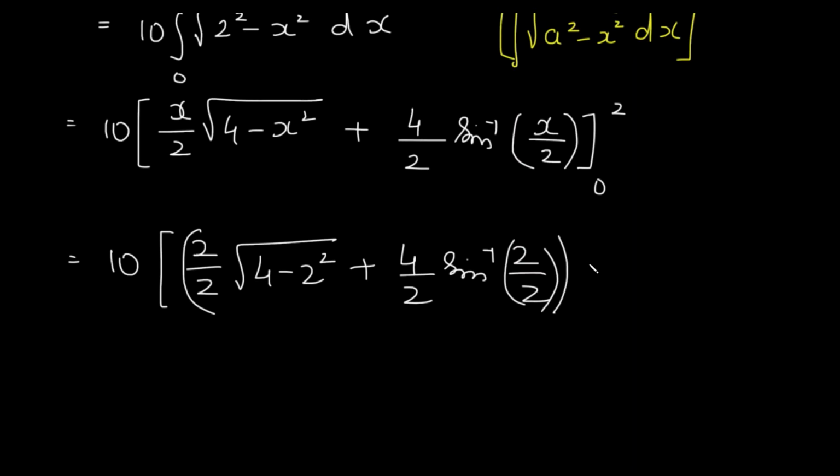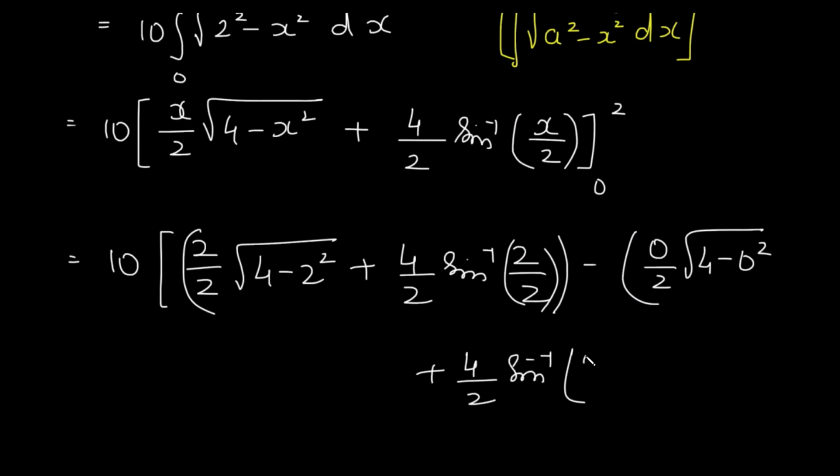And then we put x = 0, so minus 0 upon 2 root of (4 minus 0 square) plus 4 upon 2, which can be written as 2, sine inverse of 0 upon 2. So we applied both the limits of integration, the upper limit and the lower limit.